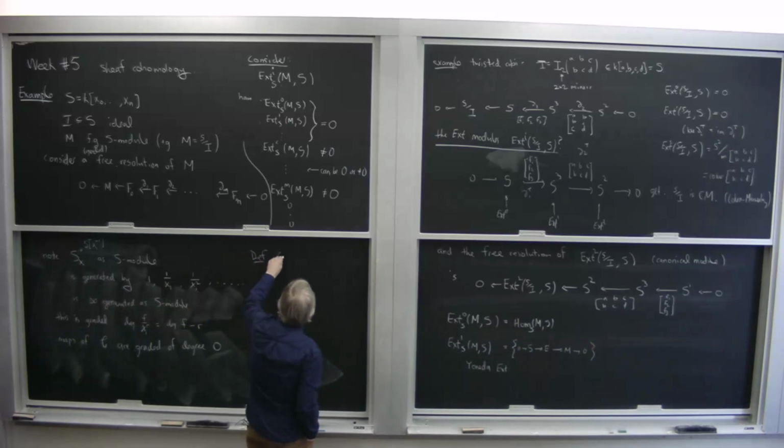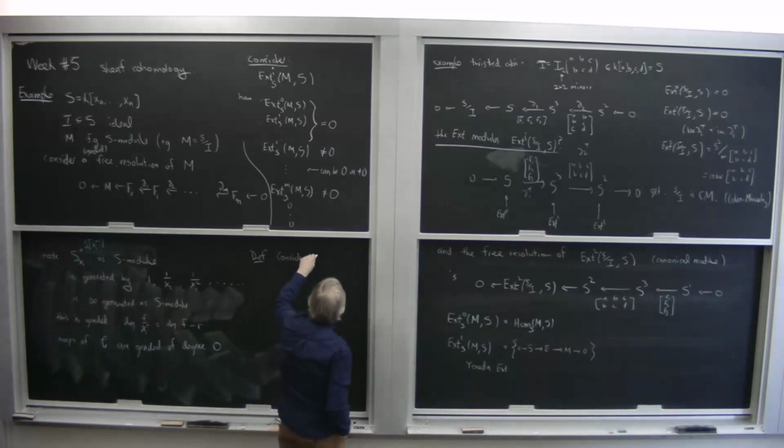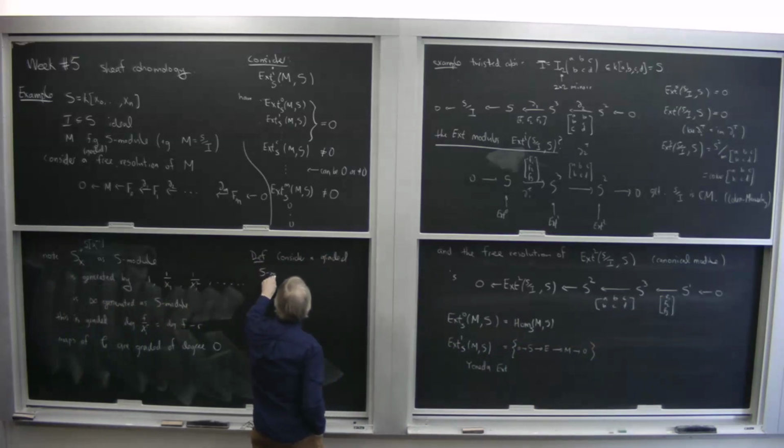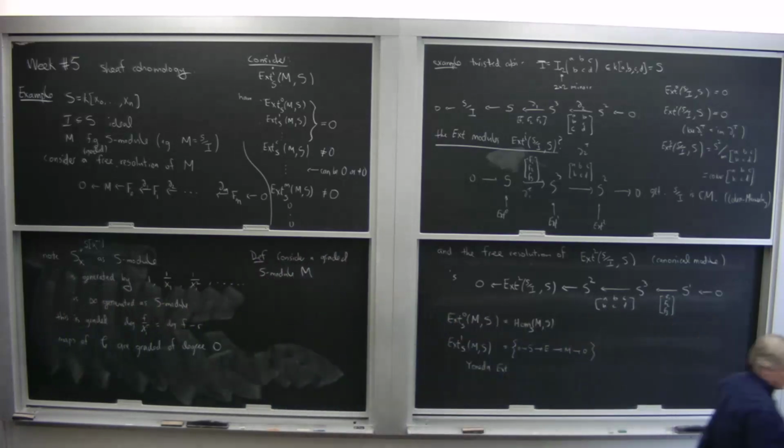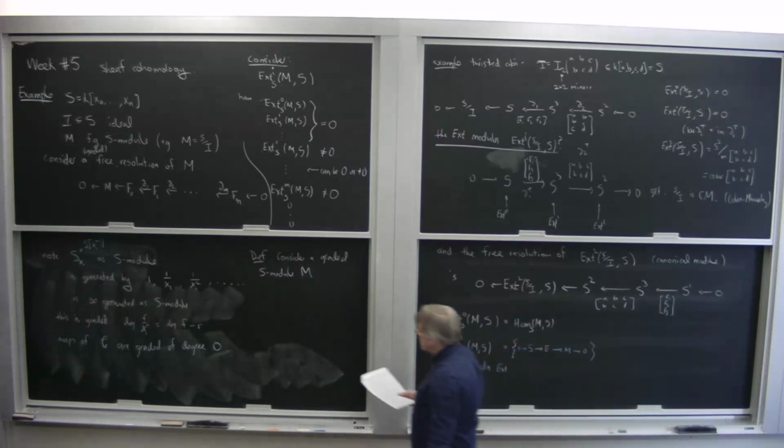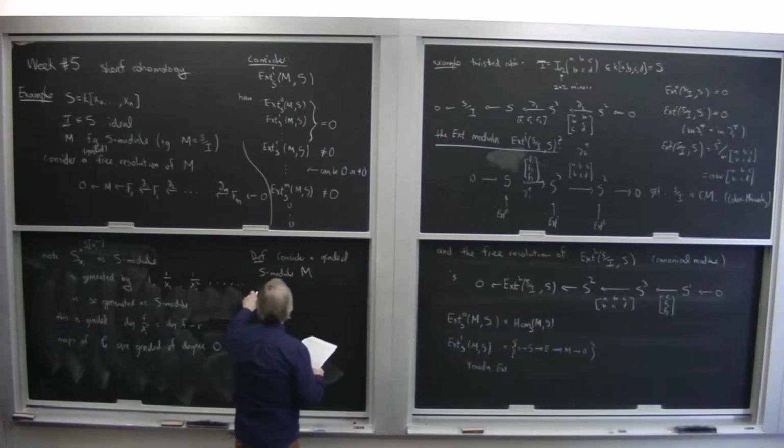So we're going to consider a module M, a graded S module. Actually, let me make sure I'm doing this in the way I want to do it. So I'm going to define two things.